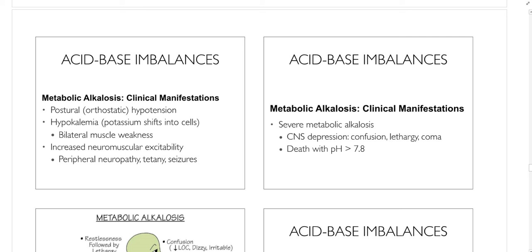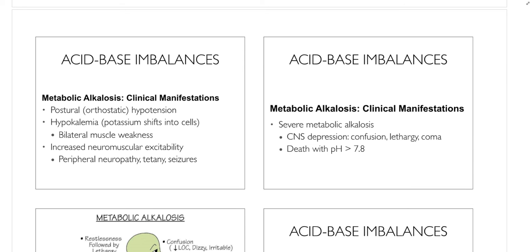Some of the manifestations we're going to see are orthostatic hypotension and hypokalemia, because the potassium goes into the cells with alkalosis, which makes all the muscles kind of weak. And increased neuromuscular excitability, similar to respiratory alkalosis.